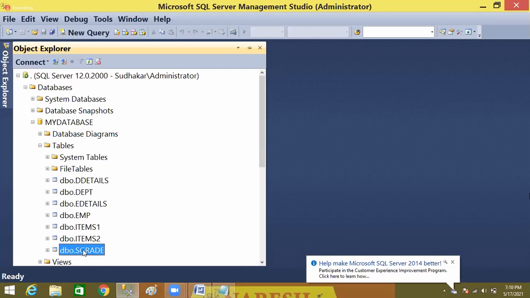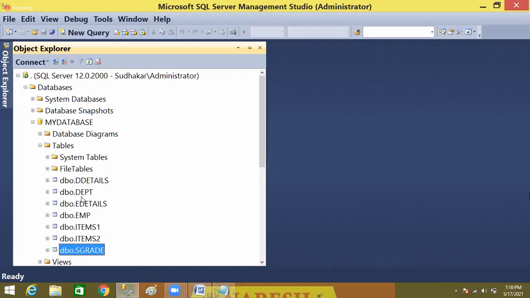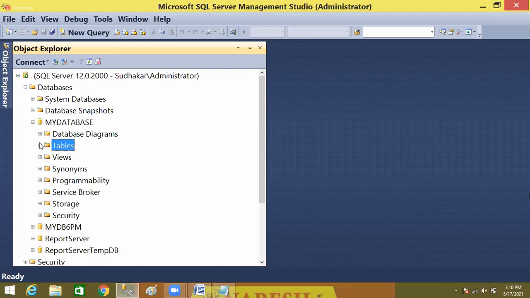DEPT is one table, in that department's data is stored. Salary grade is one table, in that salary related information is stored. Like items one related information, items two related information. Yes or no? These are the best examples, and these are all called normalization tables.